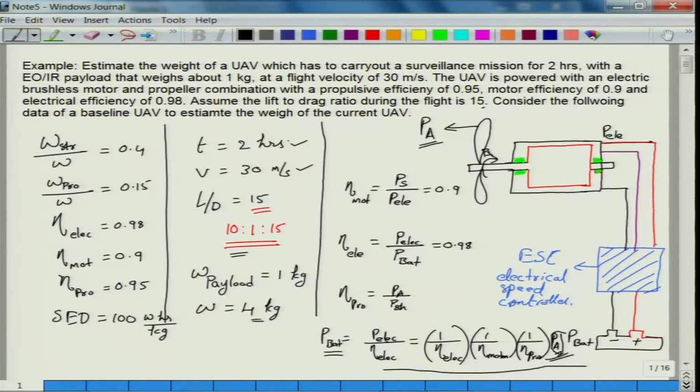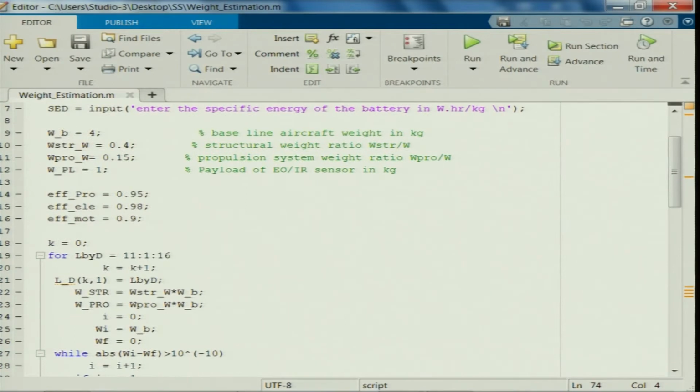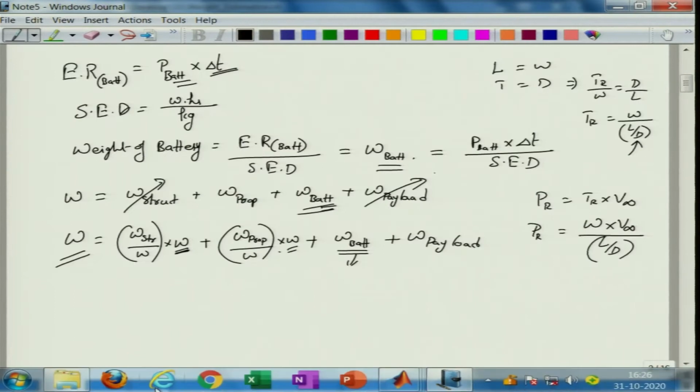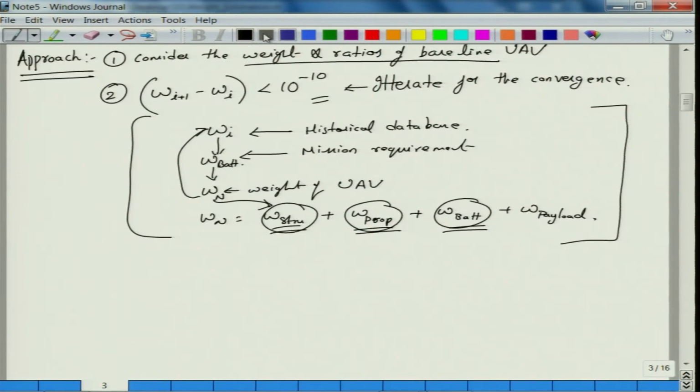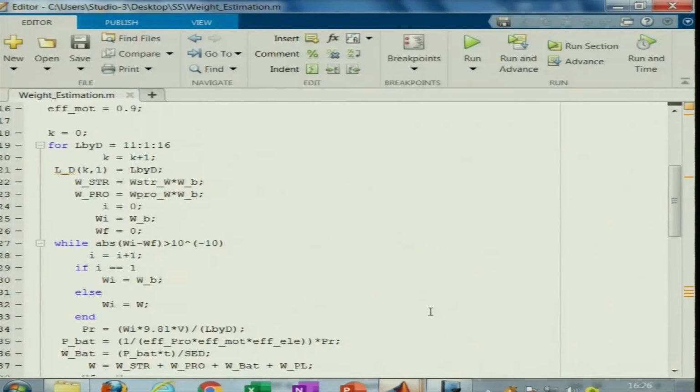So, we have solved this by means of this subroutine, where we have considered the weights and the weight ratios from the baseline UAV, which was given in the question itself.